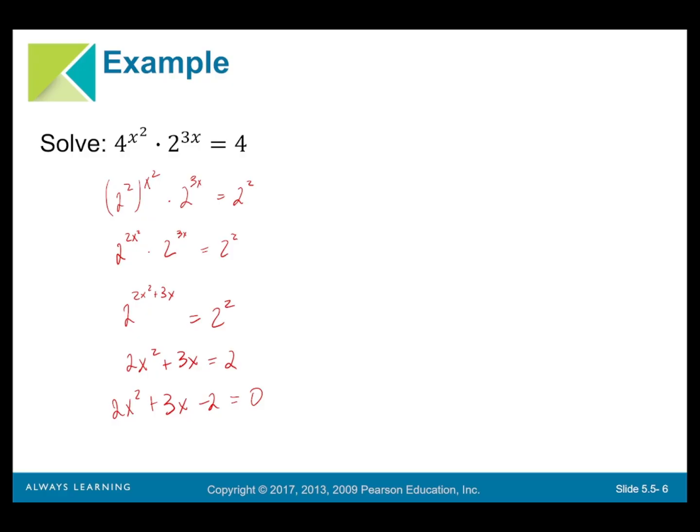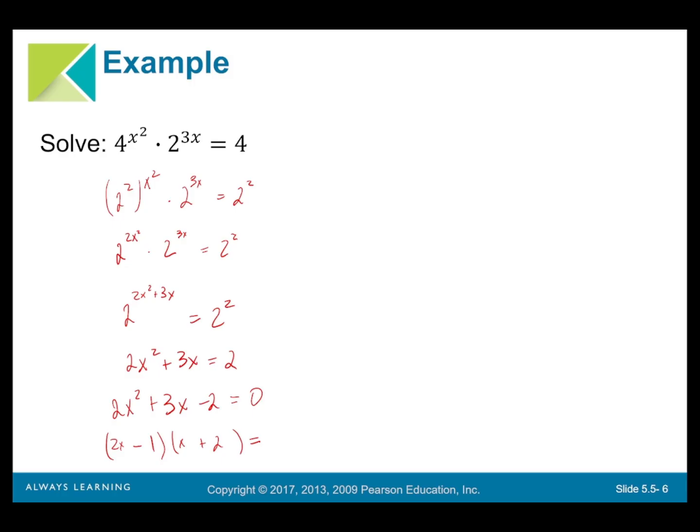Let's see if we can factor it. It would be a 2x and an x. If I have a plus 2 and a minus 1, then I get plus 4x minus 1x, which gives me a plus 3x in the middle.